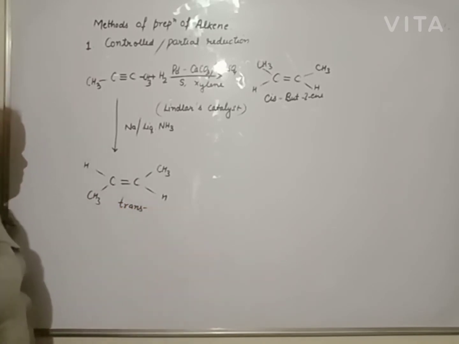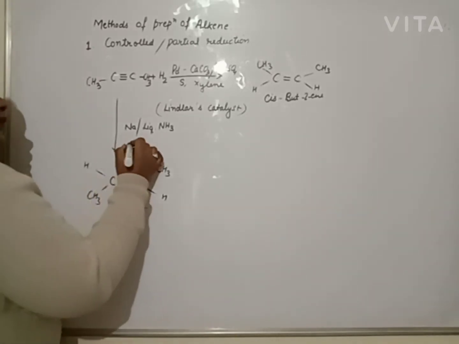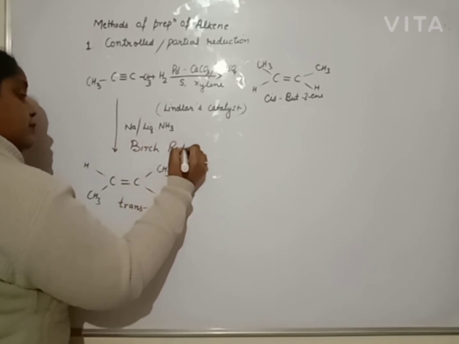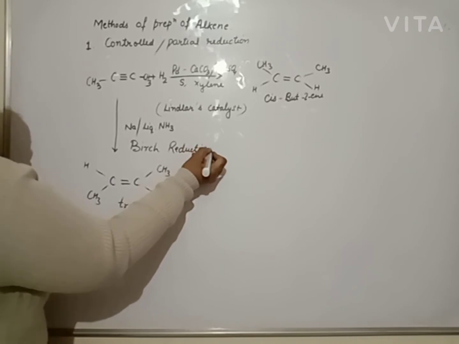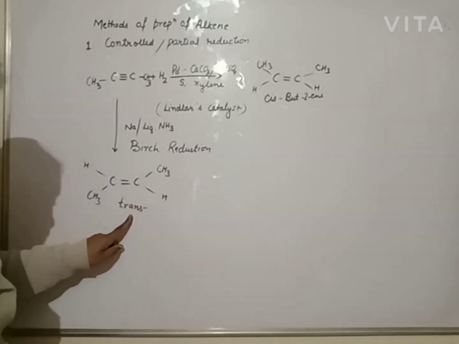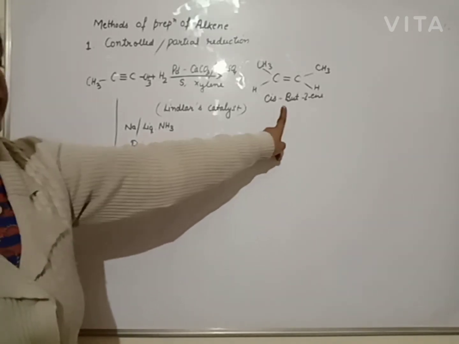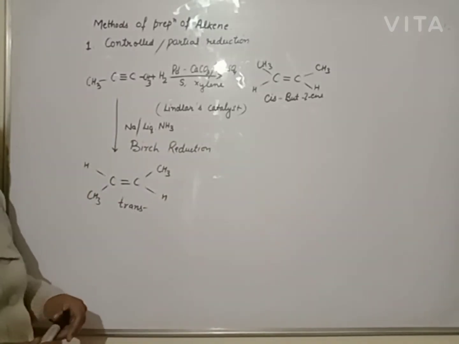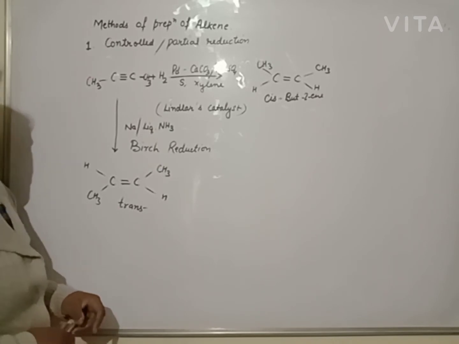Trans but-2-ene. This reduction is known as Birch reduction. From Birch reduction, we will prepare trans isomer. From Lindlar's catalyst, we will prepare cis isomer. It is known as partial reduction because reduction of alkyne will be stopped up to alkene.